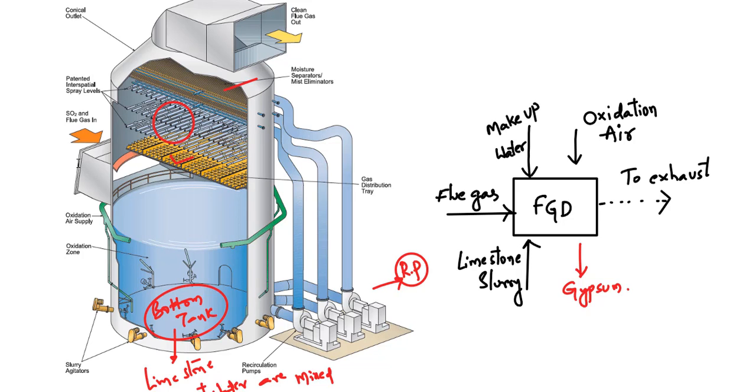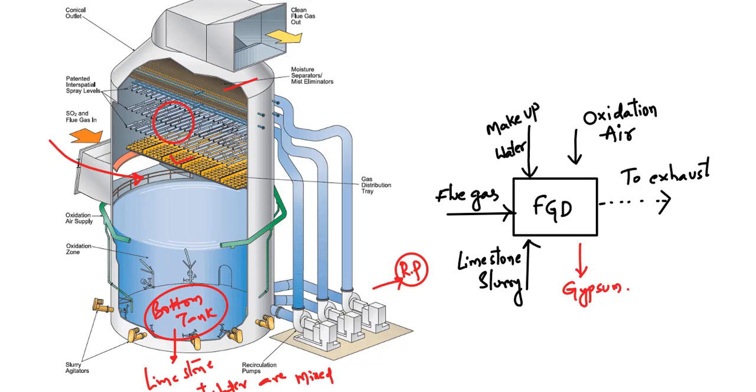Here, flue gas from the boiler is fed into the unit through this opening. This flue gas contains SOx compounds. Due to low density, this flue gas tries to move upwards.